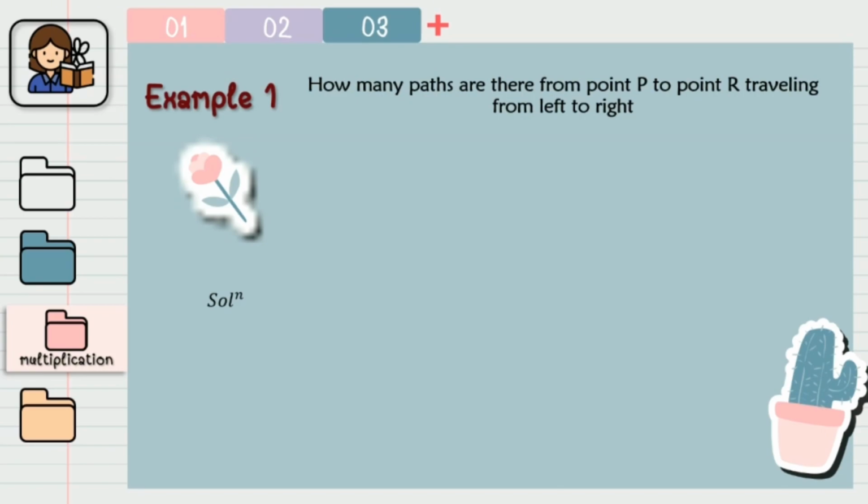Okay, let's think of the first example. How many paths are there from point P to point R, traveling from left to right?